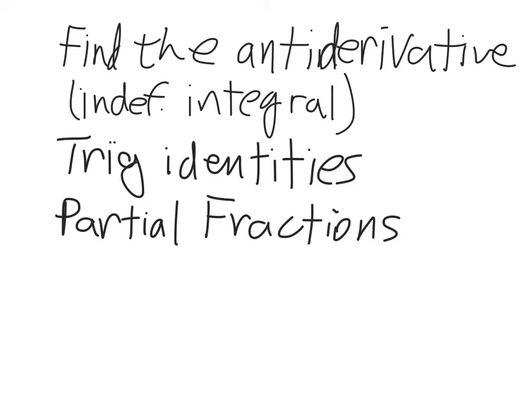Now also, in this section as well as in the first section we looked at, which we haven't talked about yet, but the first section was using your table or substitution. We saw a lot of different substitutions. But in that section, we also saw where some of the rational functions we had to divide first, do your long division, then see what it fit into.